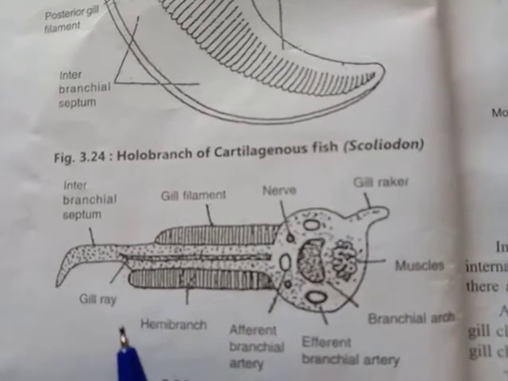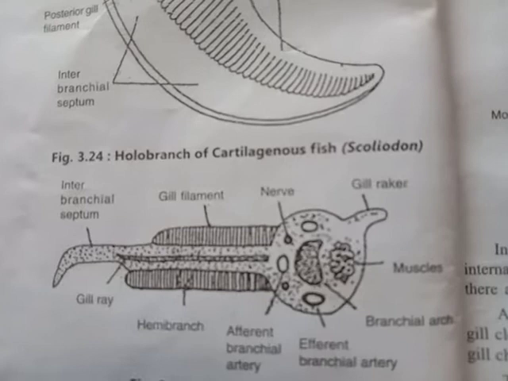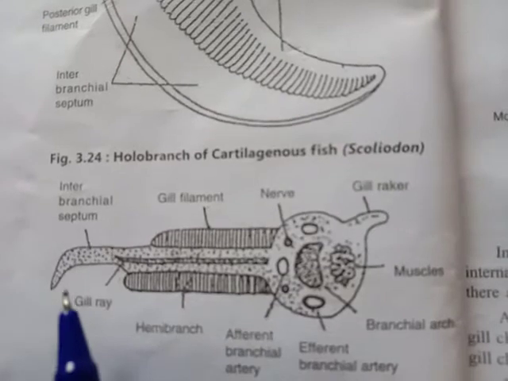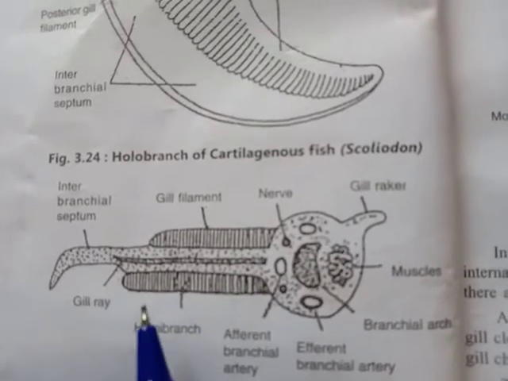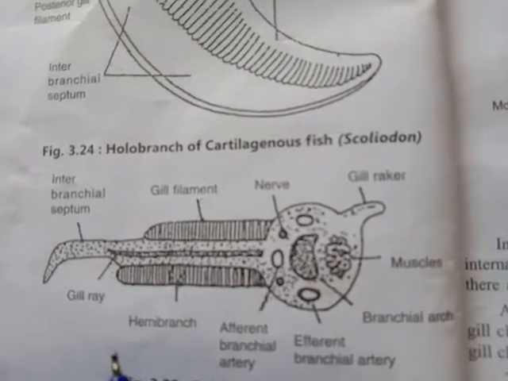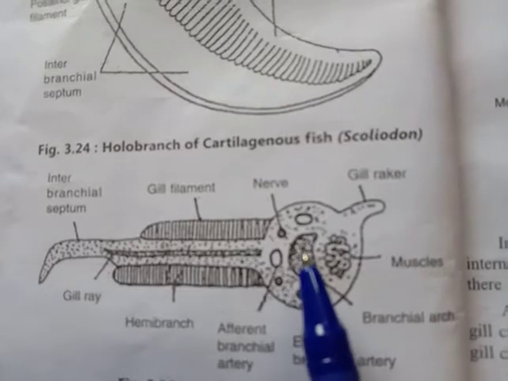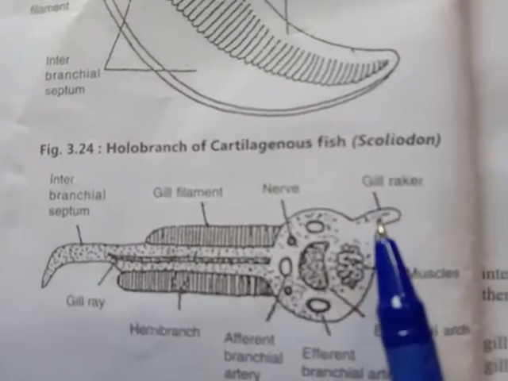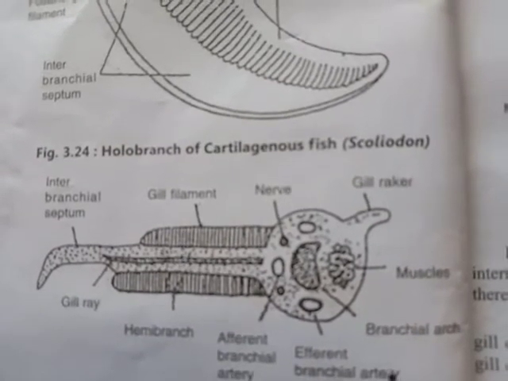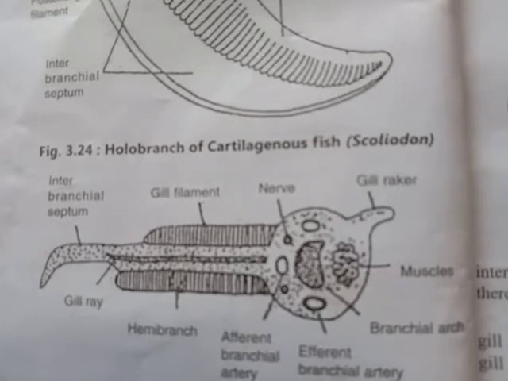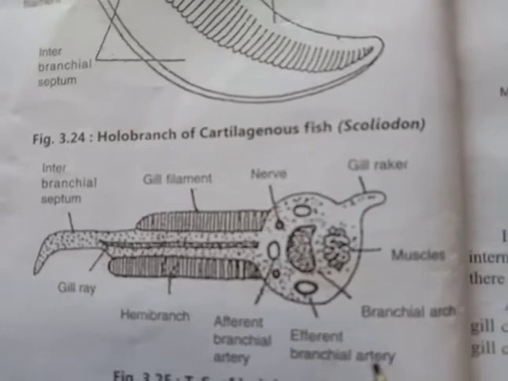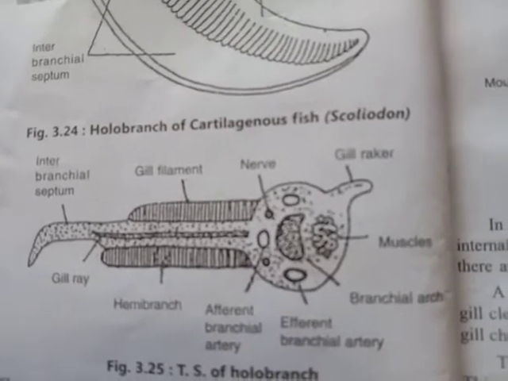These gill rays give support to the septum. A gill arch also gives out a rigid structure called gill raker. It projects towards the pharynx. The gill raker prevents the entry of food particles into the internal branchial aperture.